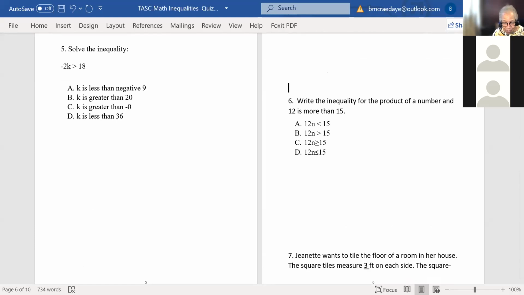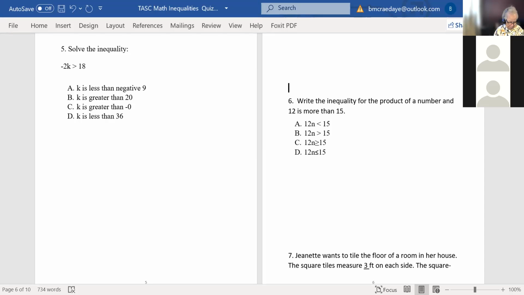Let's see. So it becomes negative, right? 2. 18 times.